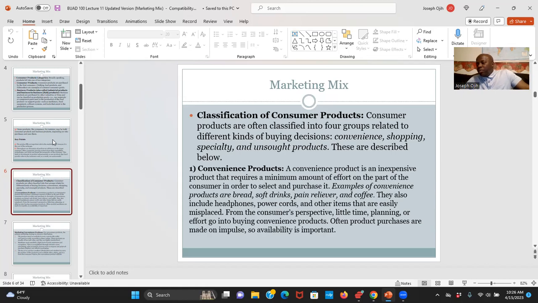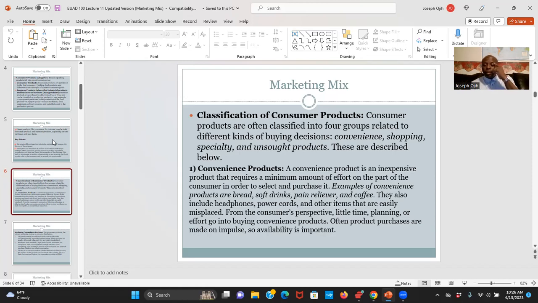They just see the product at a gas station and buy it. Examples of convenience products are things like bread, soft drinks, pain relievers, and of course coffee. All these are good examples of convenience products that you can buy at a store at your convenience.